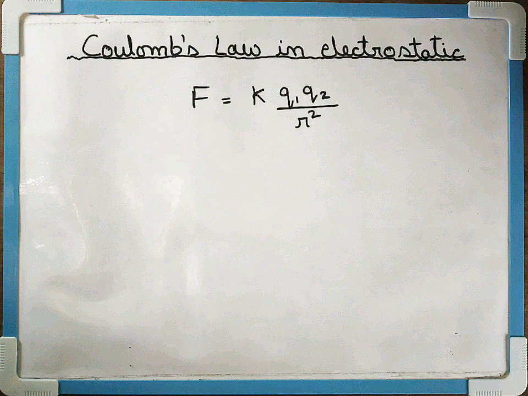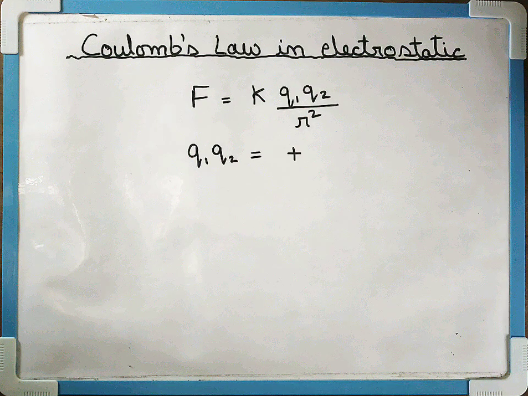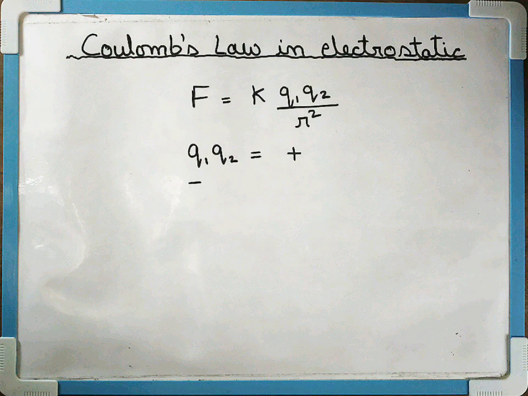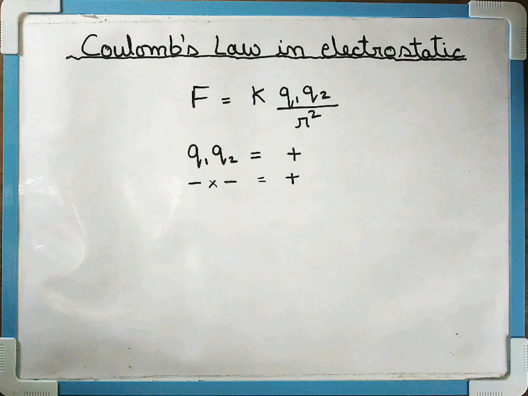Now if we take the product Q1 into Q2, if this product turns out to be positive, then what does that mean? It means that the charge Q1 is negative and the charge Q2 is negative, or the charge Q1 is positive and the charge Q2 is also positive.